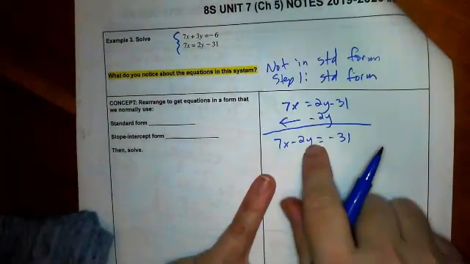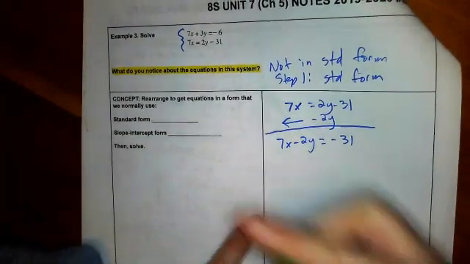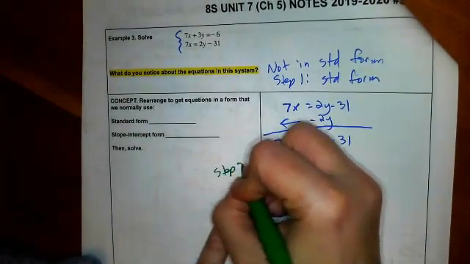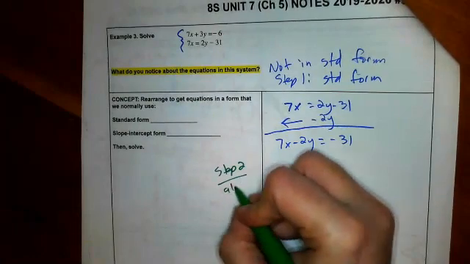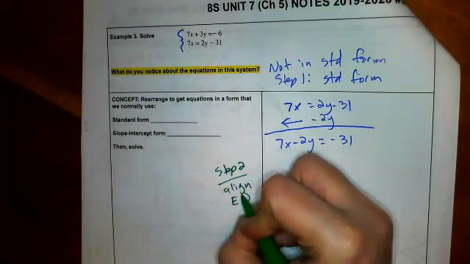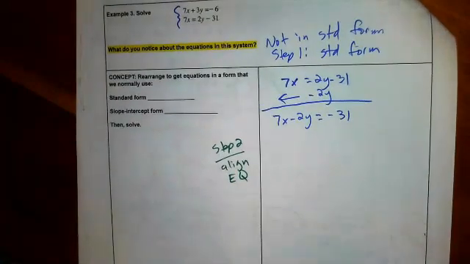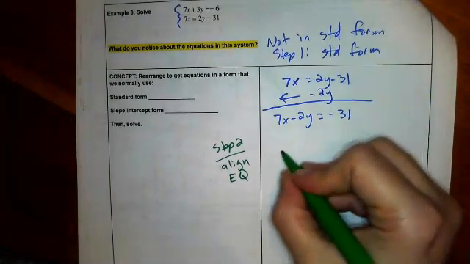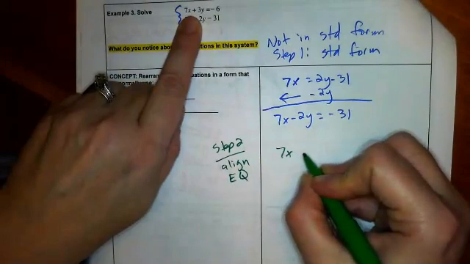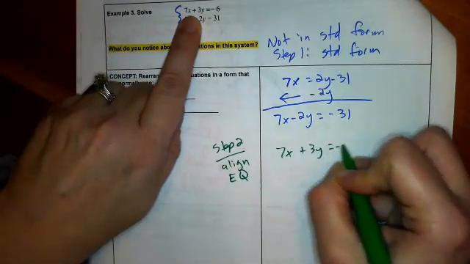I'm in standard form. Okay, so let's say step 2, align equations. And all I mean is line up your x's, line up your y's, line up your constants. Okay, so we've got 7x plus 3y equals negative 6.